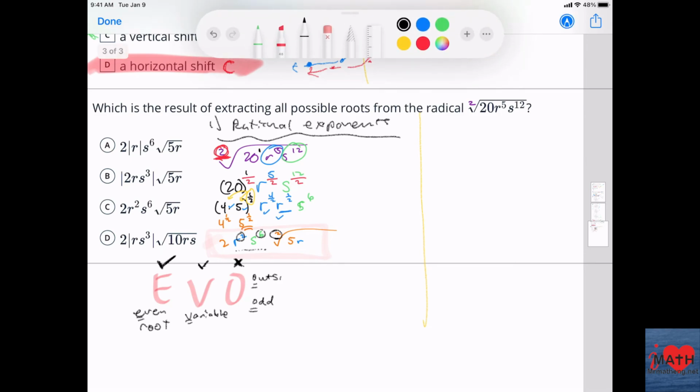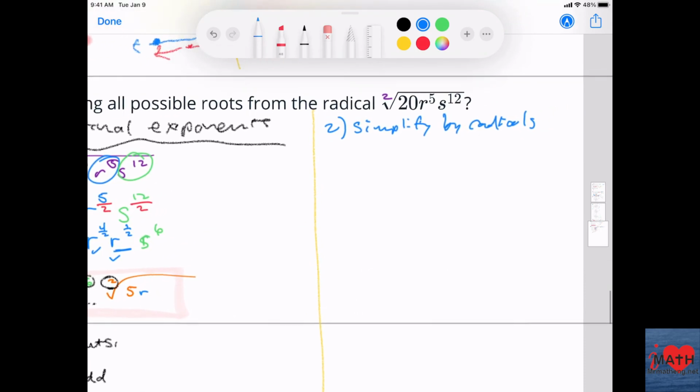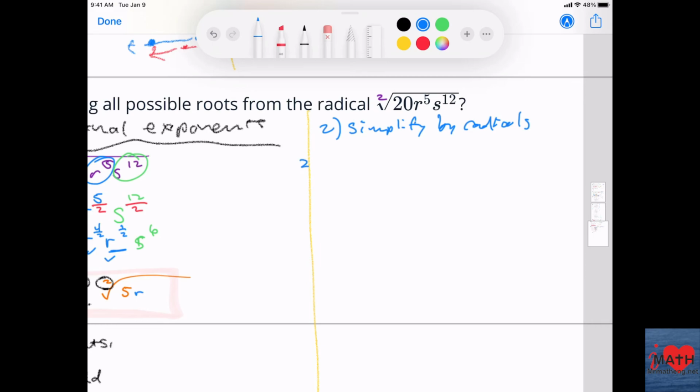You can just simplify by radicals. Inside the house is 20, which I'm going to make 4 times 5, and r to the 5th is r times r times r times r times r.